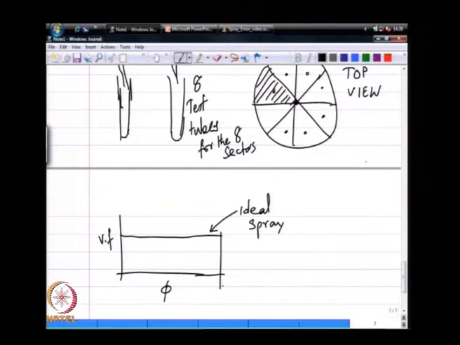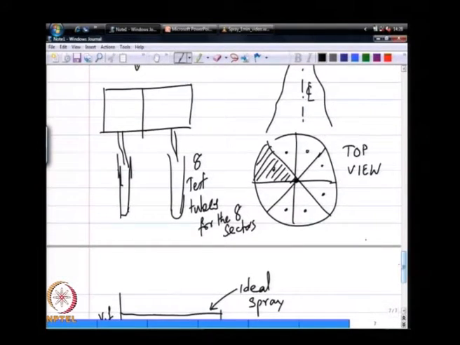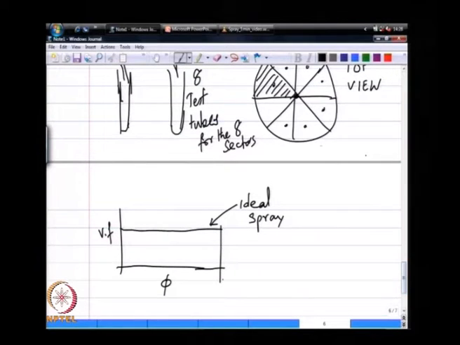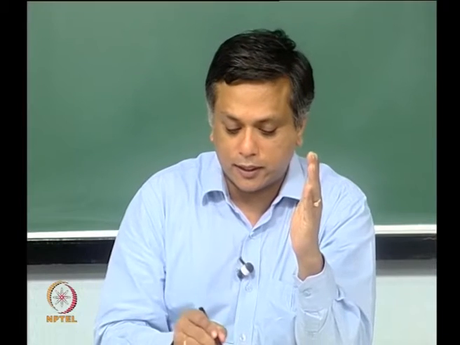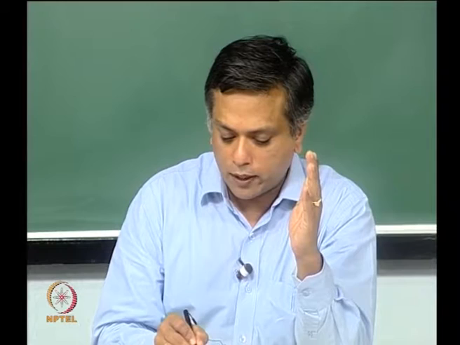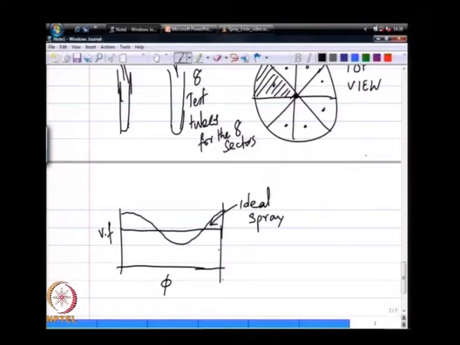Now, if I took an ideal spray, but placed the sector patternator slightly off axis, then what I will expect is that diametrically opposite sectors get a minimum and a maximum of the volume flux. So, essentially if I take the sector patternator and displace it slightly, I am going to expect the spray volume flux to look like that.